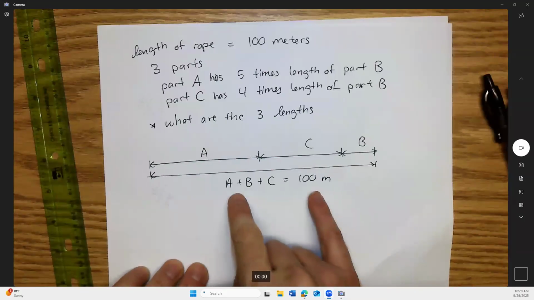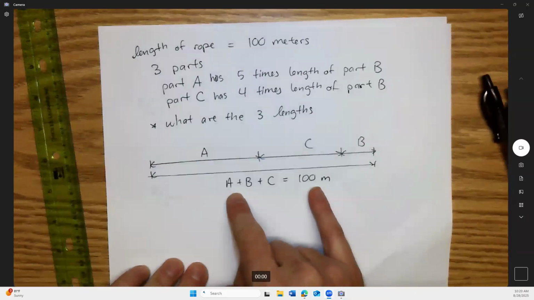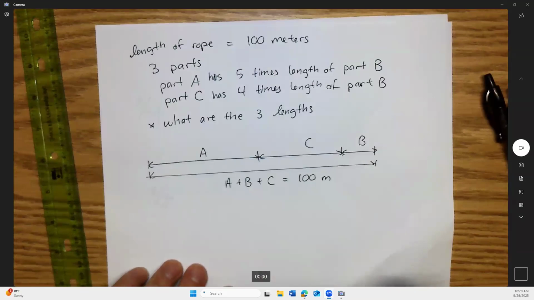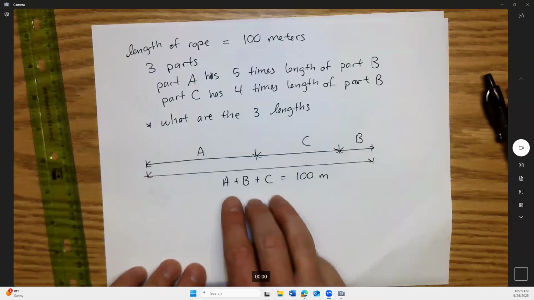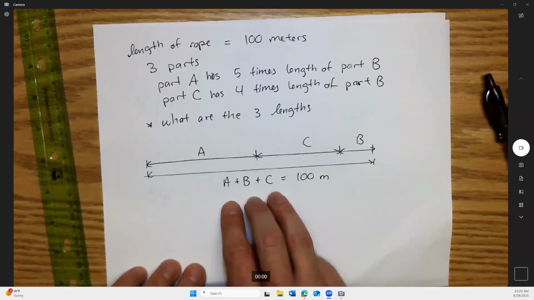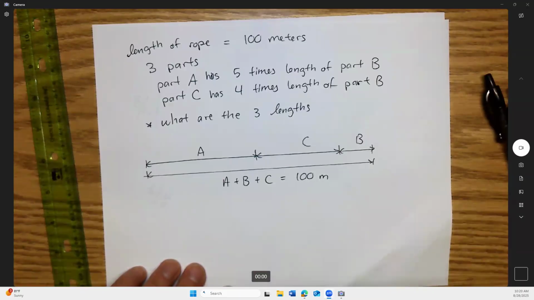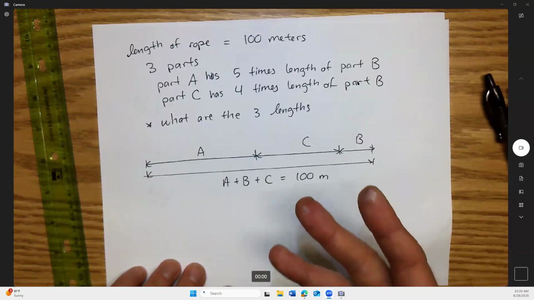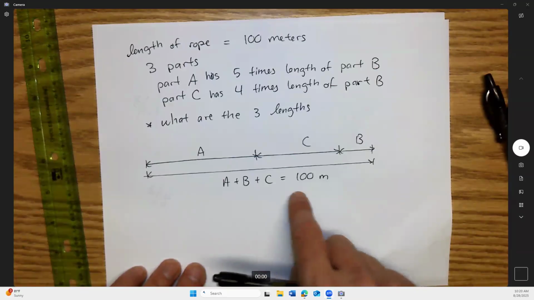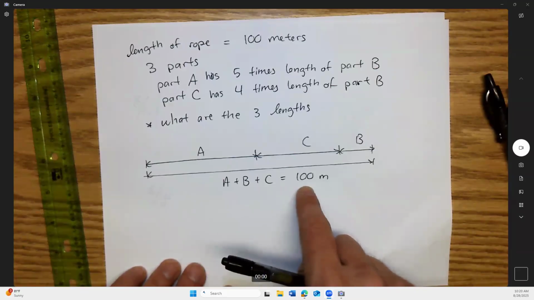In fact, what I just wrote could be one equation in a system of equations. If you have 3 unknowns, because right away I don't know what A, B, or C are, how many independent equations do I have to set up to be able to solve it? 3. Yeah, I need 3 equations. And this could be one of the equations. I know total length is 100 meters.